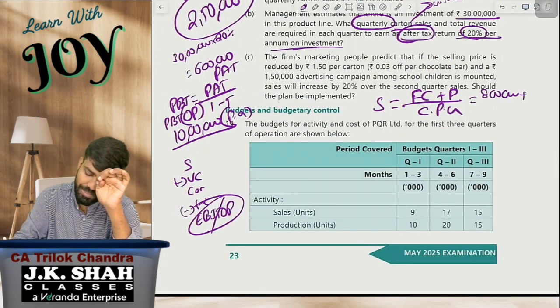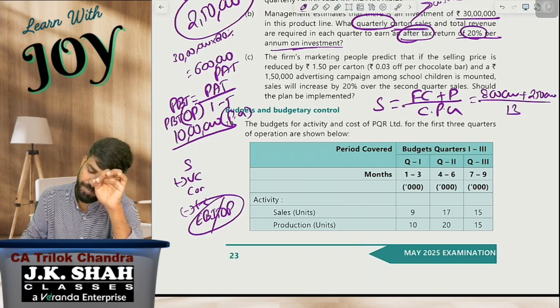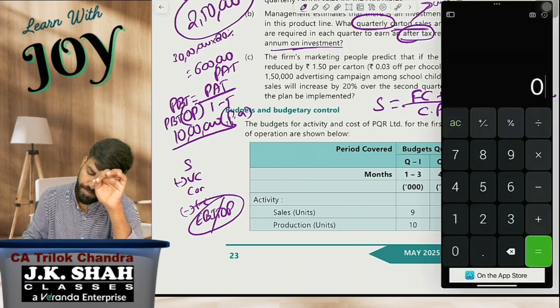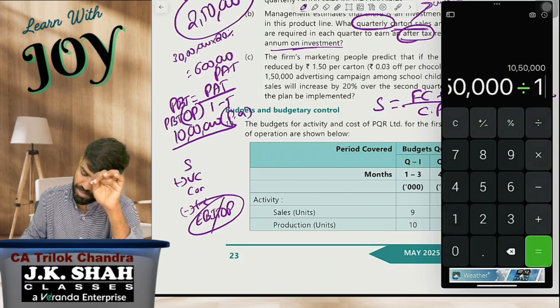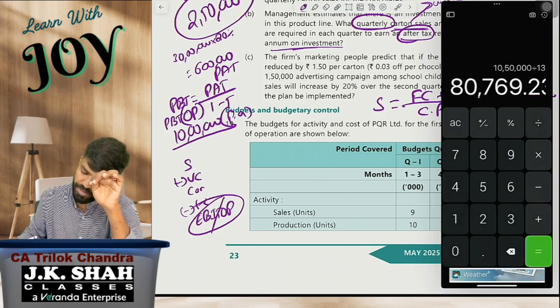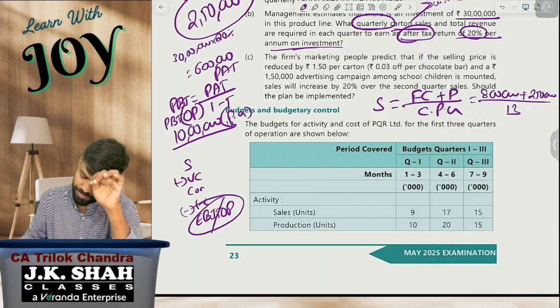8 lakhs plus 2,50,000 divided by contribution per unit of 13. 8 lakhs plus 2,50,000 equals 10,50,000, divided by 13 equals 80,769.